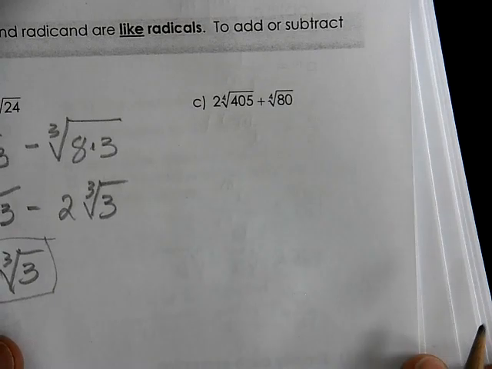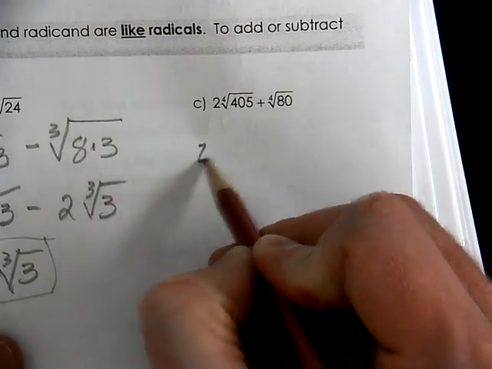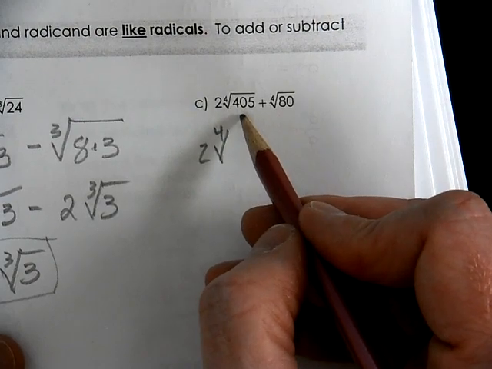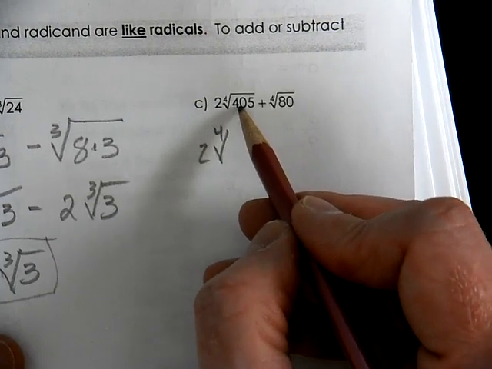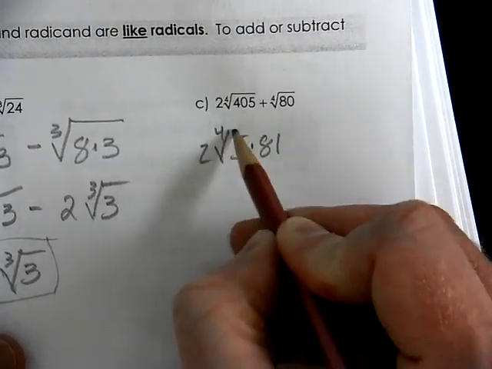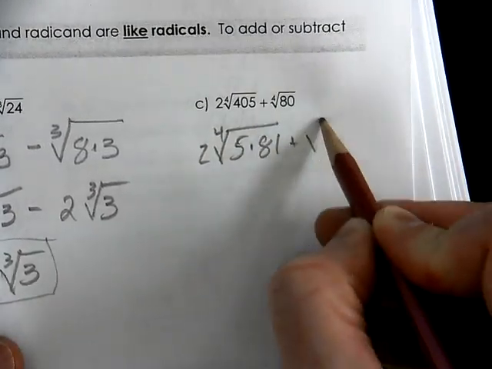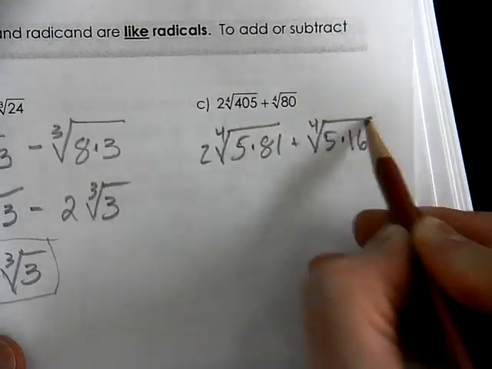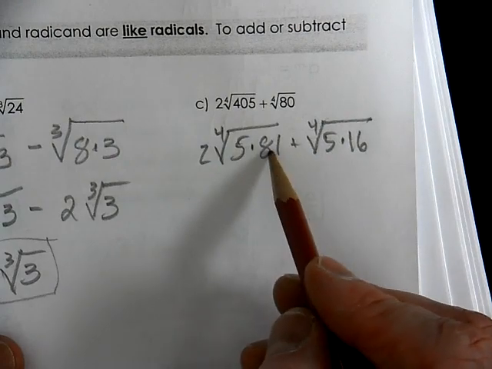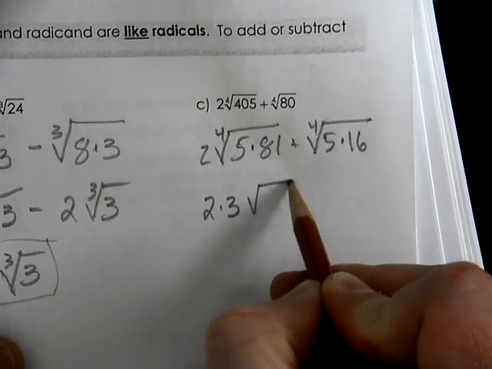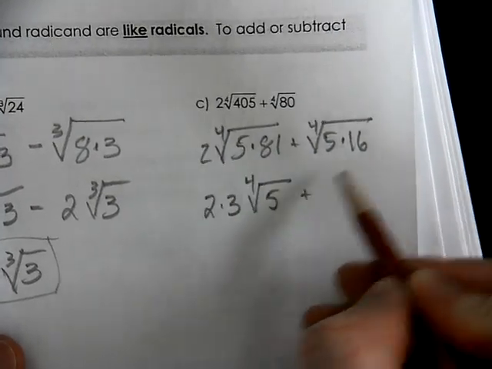That's right. Okay, last one. The fourth root. 5 goes into this 81 times. 5 goes into this 16 times. So the fourth root of 81 is 3, so that's going to multiply the number I have on the outside.